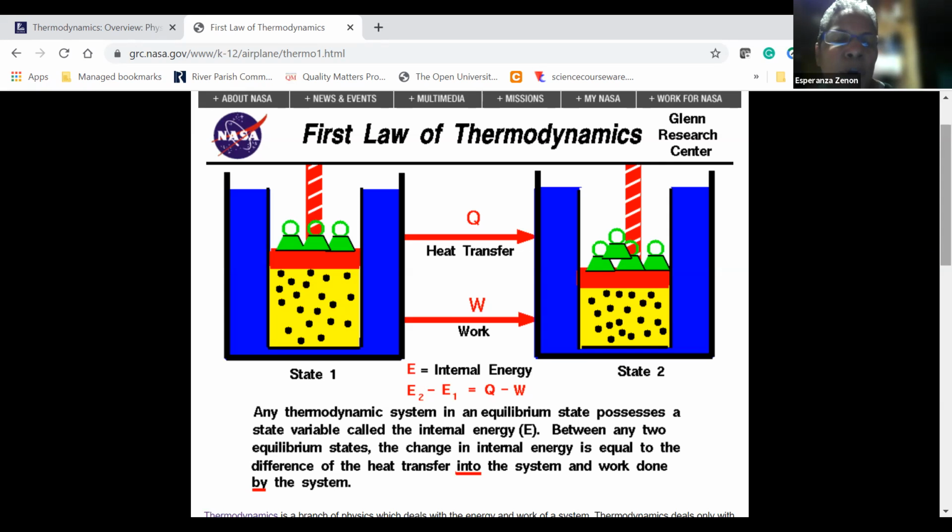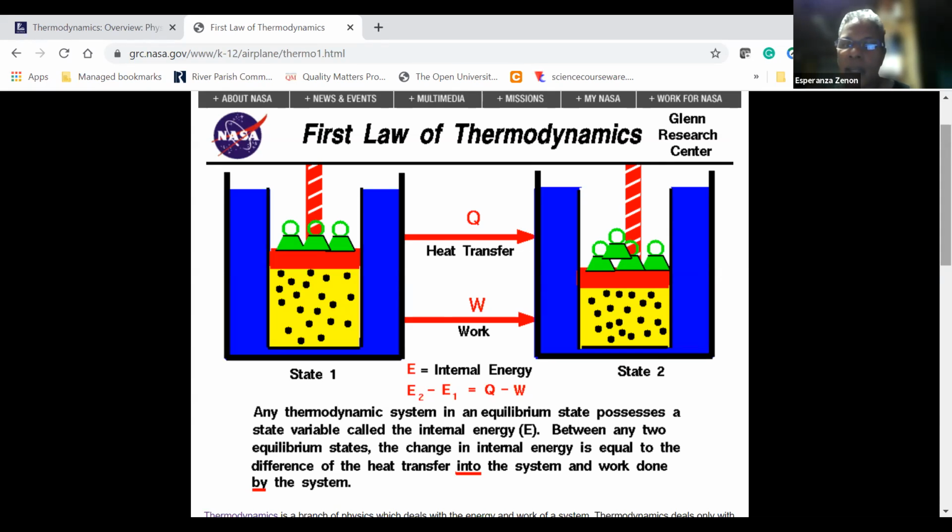And if you imagine taking snapshots of the engine at different times. So at the beginning, you have energy 1. At another time, you take a snapshot, the engine has energy 2. If you take the difference between the energy in position 2 minus the energy when it's in position 1, that is equal to the difference between the heat put in and the work done.